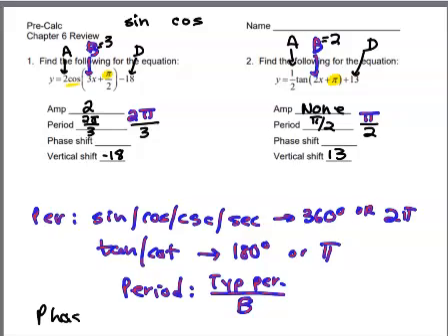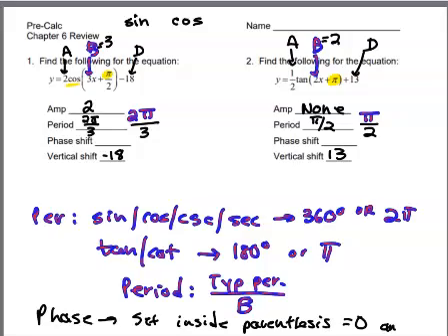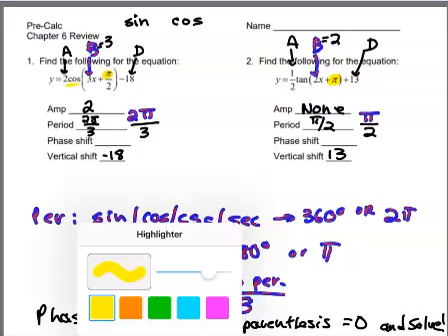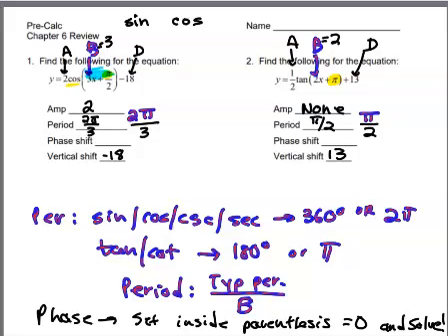And phase shift is the same for all of them. You set inside parentheses equal to 0 and solve. So if I take this 3x plus pi over 2 and set it equal to 0, that's going to be the phase shift. Same with tan.